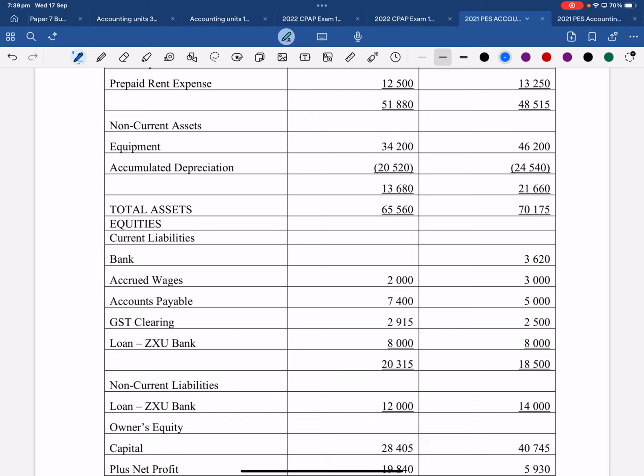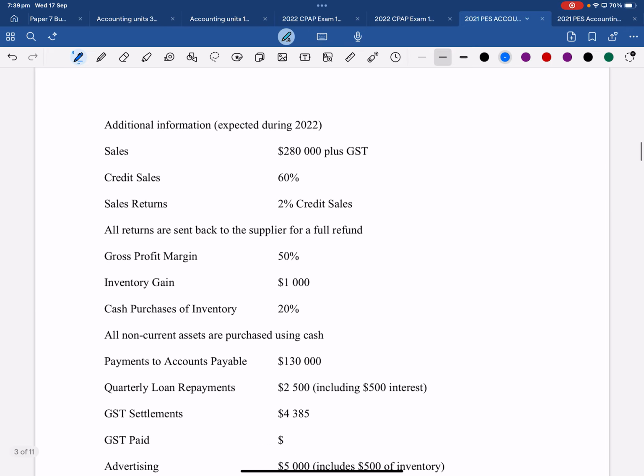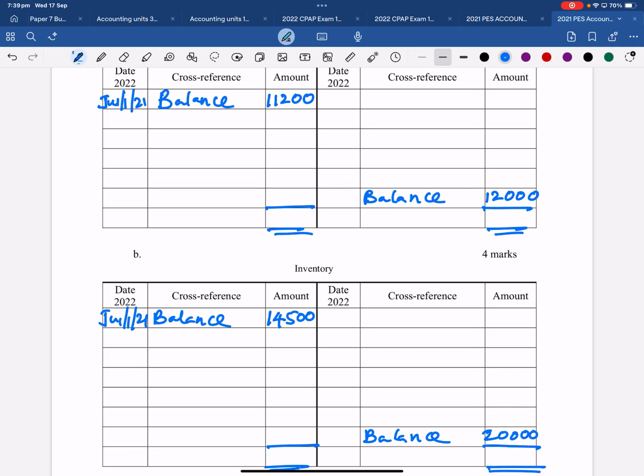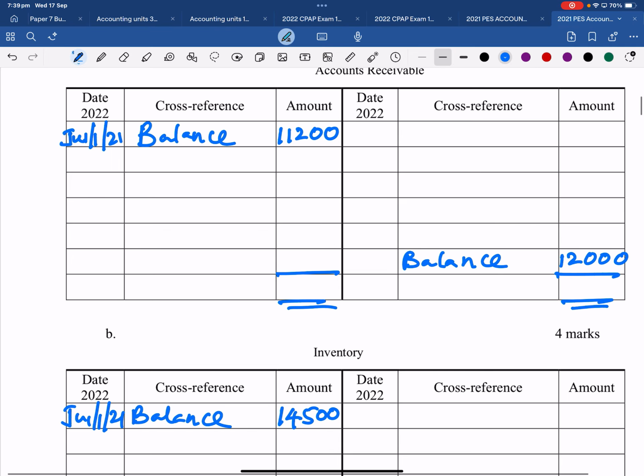Okay. Then we'll go to the information. Sales 280,000 plus GST. Credit sales is 60%. So then what's the double entry for 60%? Accounts receivable is debit, sales, GST clearing.